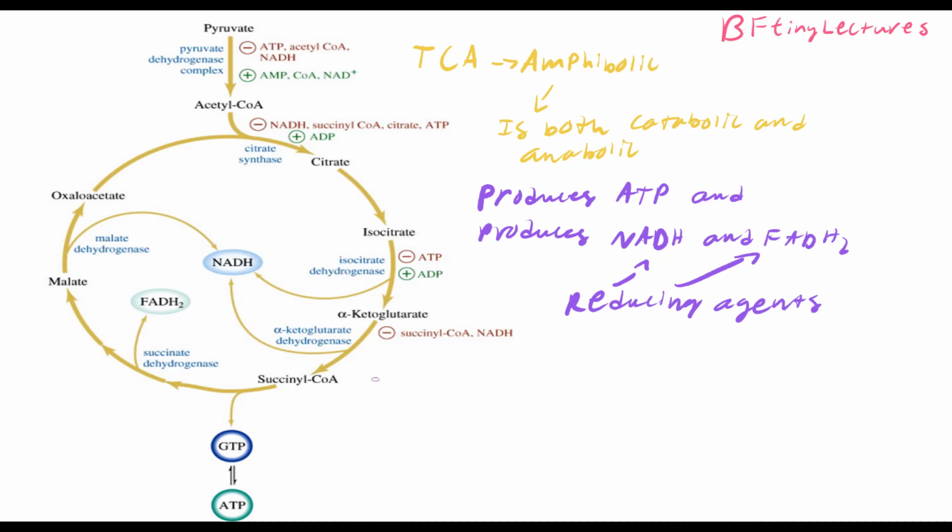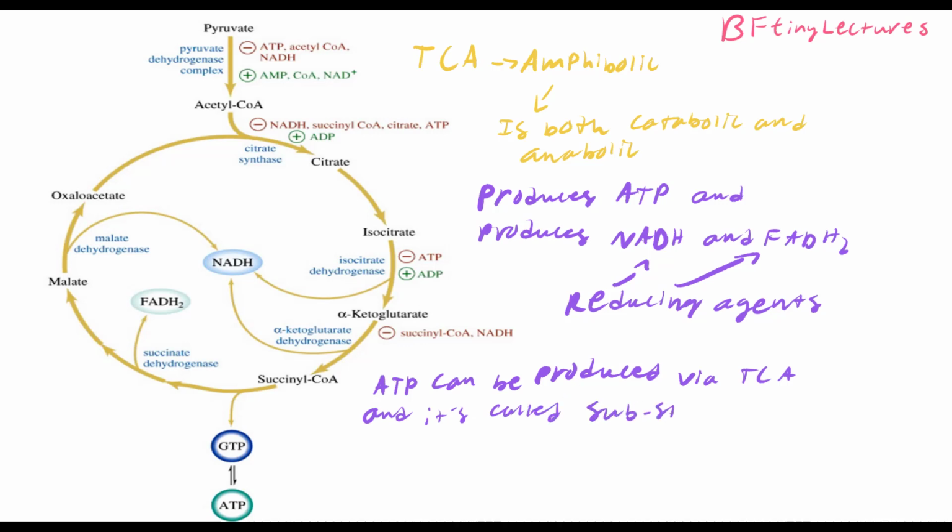So ATP can be produced via the TCA cycle, and that's called substrate level phosphorylation.